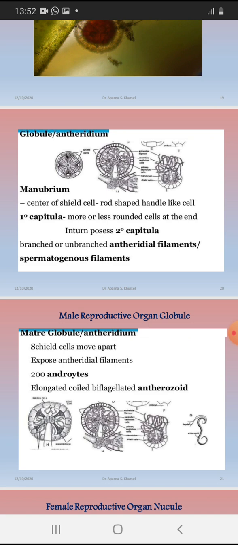Now each antheridial filament consists of 5 to 6 antheridium mother cell which produces uninucleate flagellate antherozoid. That means the globule is composed of shield cell, manubrium cell, primary capitulum, secondary capitulum and antheridial filament.